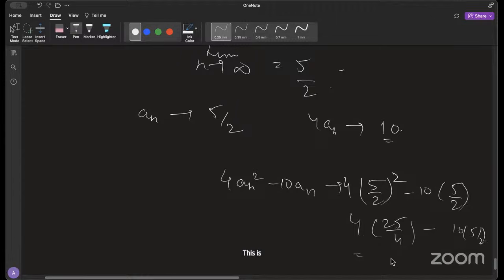Both of these are 25 and 25, so this is 0. That means the limit of this thing is 0.